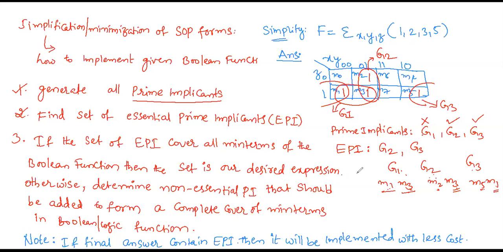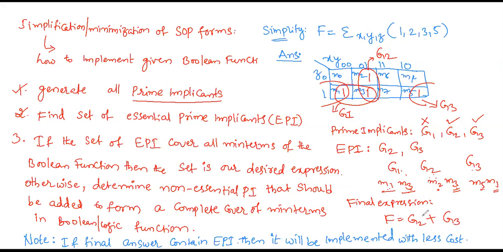Now our final answer, the final expression: F is equal to essential prime implicants G2 and G3.